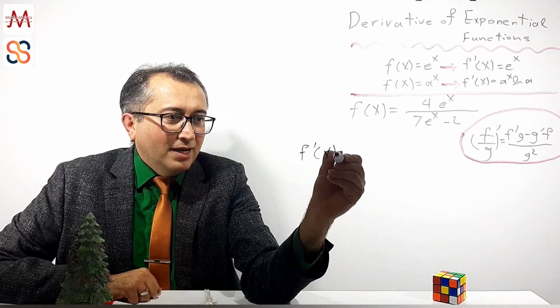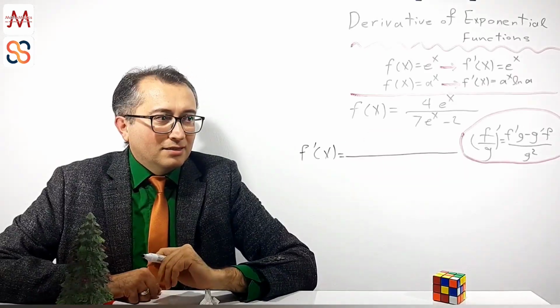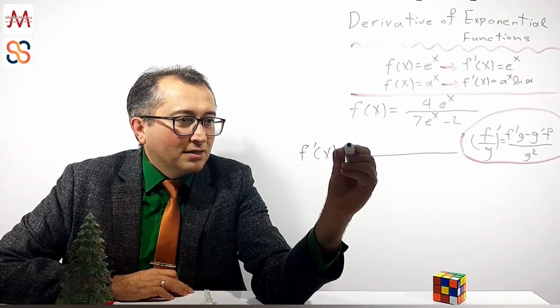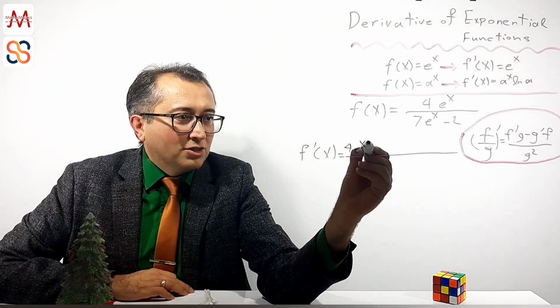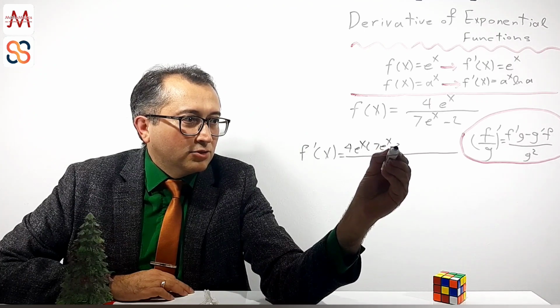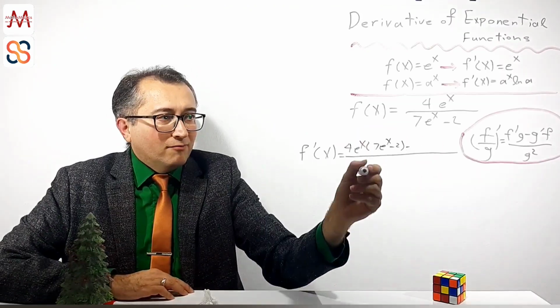F prime of x is going to be this. Now, the derivative of the top function is 4 e to the x times the original bottom function, 7 e to the x minus 2, minus the derivative of the bottom function.